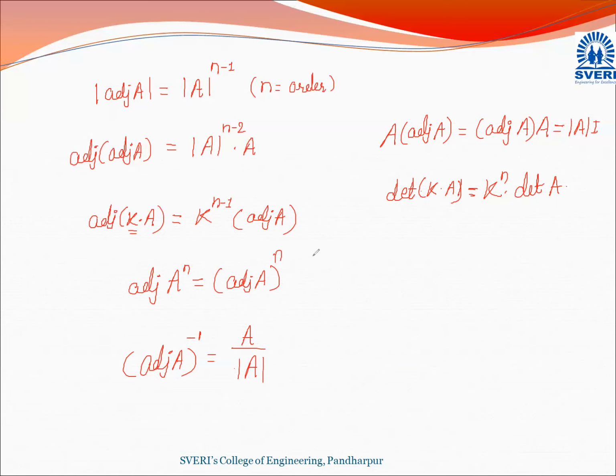Okay, so look at that. I am taking some more examples using these shortcut methods. First example, matrix A with elements a, 0, 0; 0, a, 0; 0, 0, a. Now here, adjoint of A is equal to determinant of A raised to n minus 1.